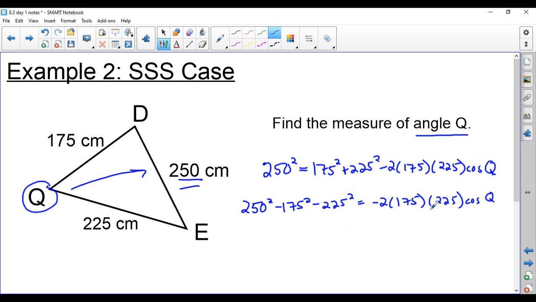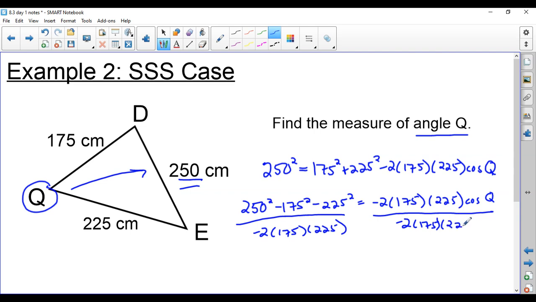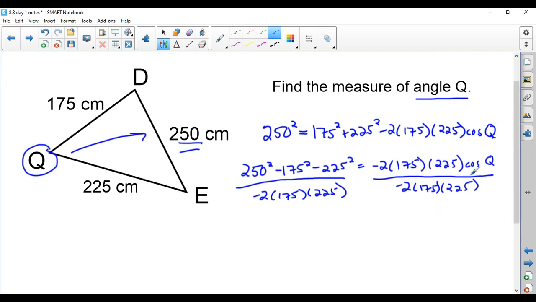Then all of this is multiplying cosine of Q, so we're going to divide both sides by negative 2 times 175 times 225. And check yourself and make sure that you can plug this into the calculator correctly. That's going to give you cosine of Q. So when we want to get Q at the end, we're going to have to take the inverse cosine of that fraction.